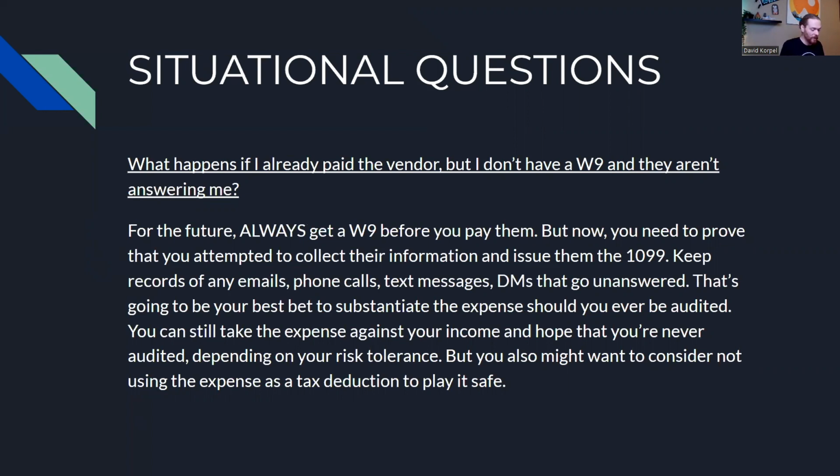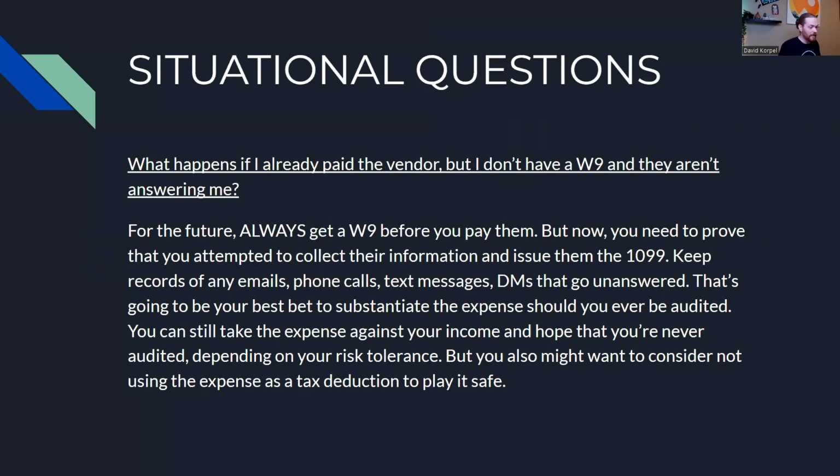Now, the best thing that we can do, especially if you're still planning to take the expense, is to prove that you attempted to collect their information and issue the 1099, like we're going to say you did on the first page of your tax return. So keep any records of emails, phone calls, texts, DMs, anything that goes unanswered from that vendor, so that you can prove to the IRS, if they ever ask, that you attempted to, before the filing deadline, reach out to them and get the information so that you can actually issue the 1099.